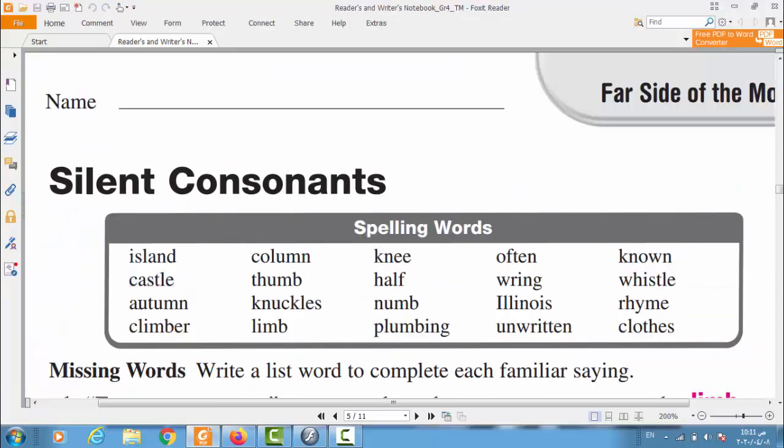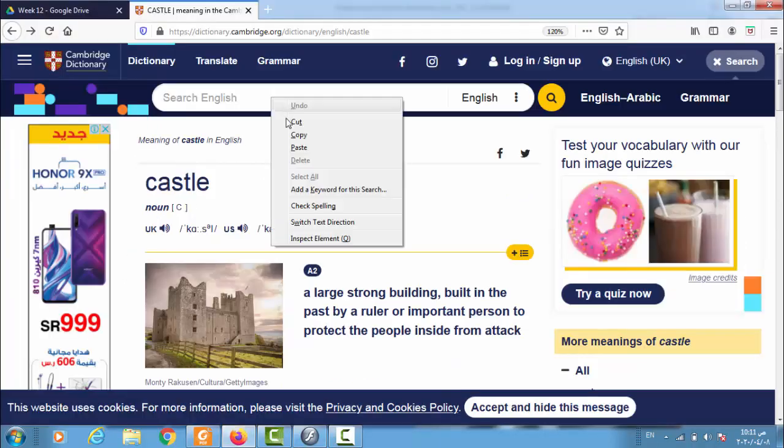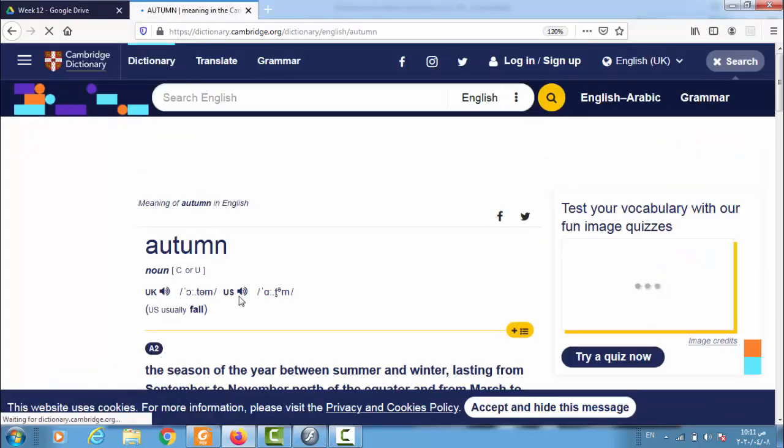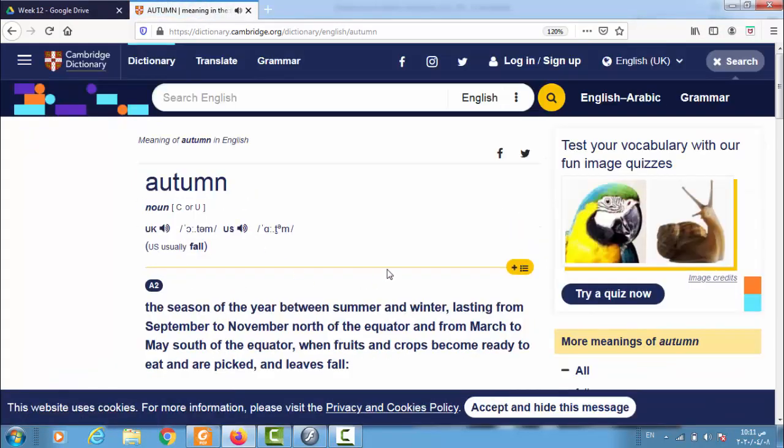The next one. Autumn. In autumn, you will find that the N consonant is silent, and this is one of the seasons of the year. We have 4 seasons in the year.